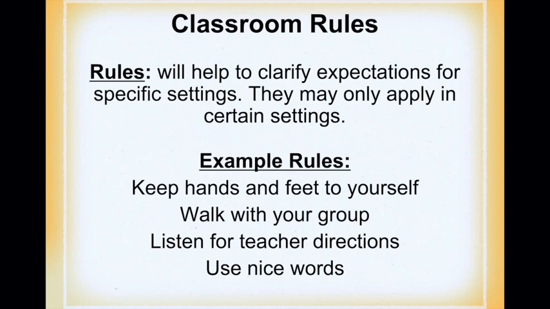And here are some examples of rules, things like keeping your hands and your feet to yourself and walking with your group and listening for teacher directions and using nice words. And notice these are things that we want children to do, not things like don't run, don't wander away from the group. We're using some positive wording choices here.